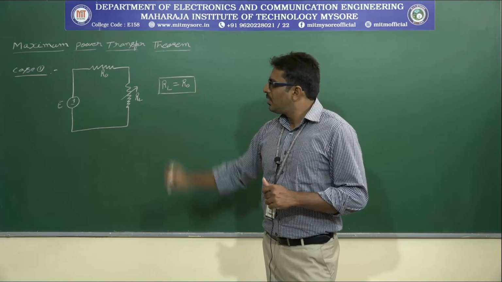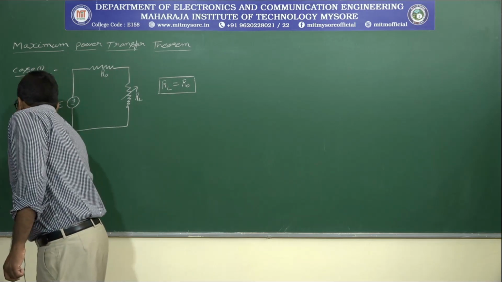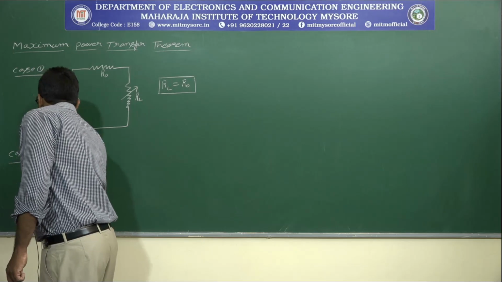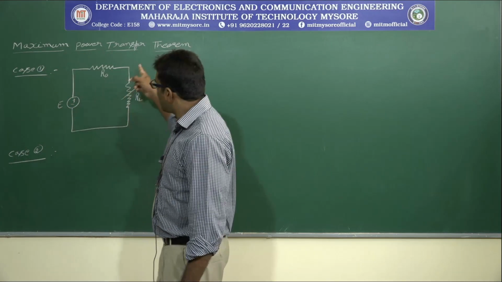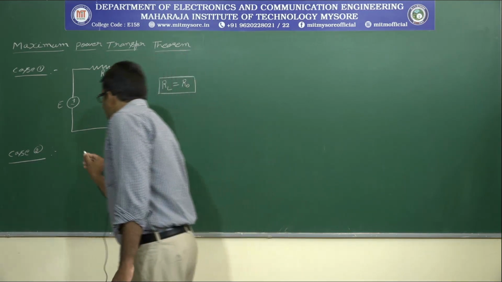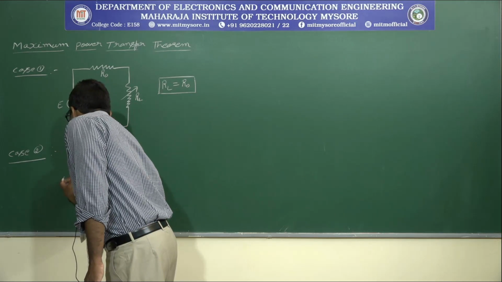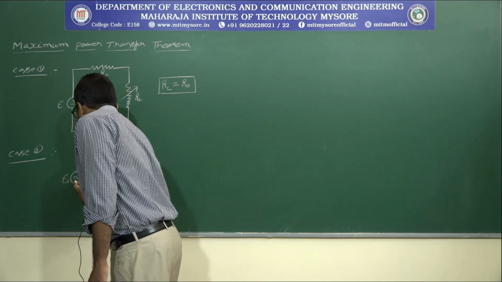Okay. Next, in case 2, in the first case we considered a DC circuit with internal resistance R0 connected across load resistance RL. In the second case, I will consider an AC source, again represented by E or E0.